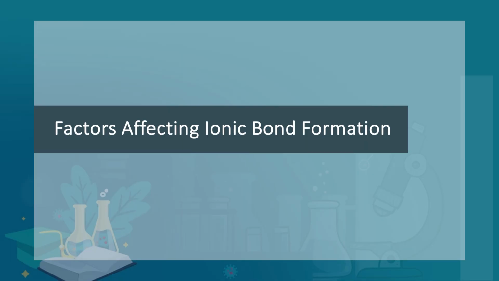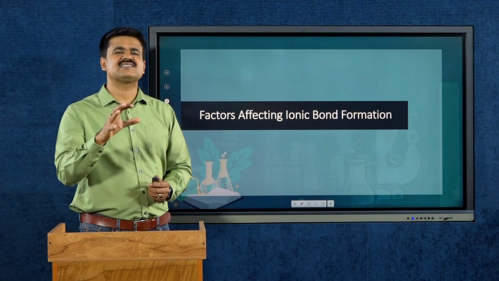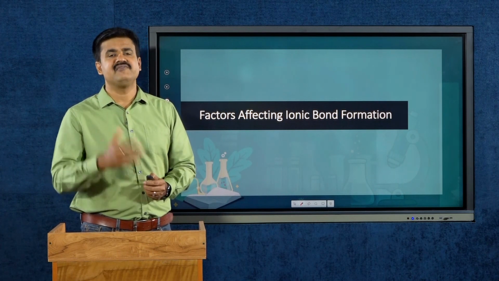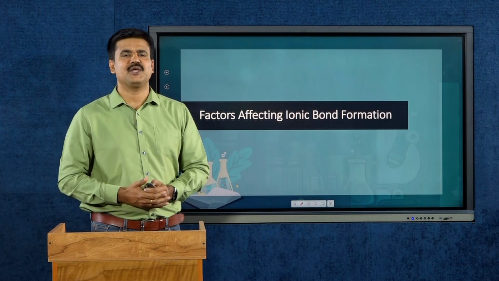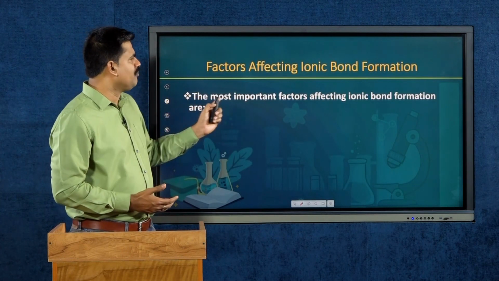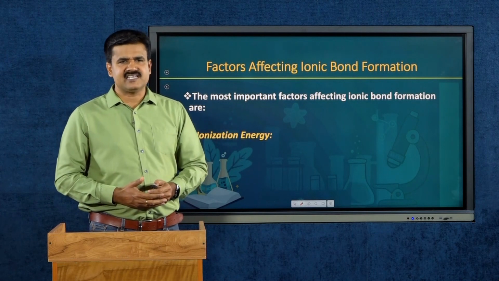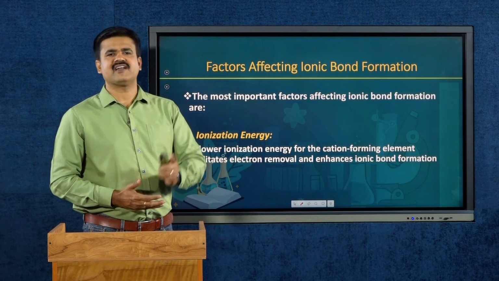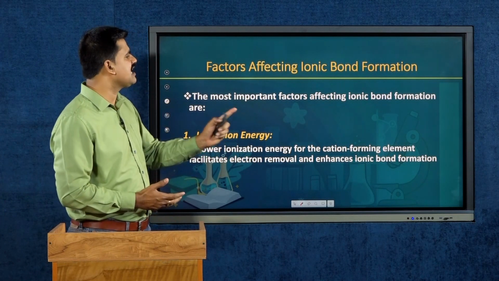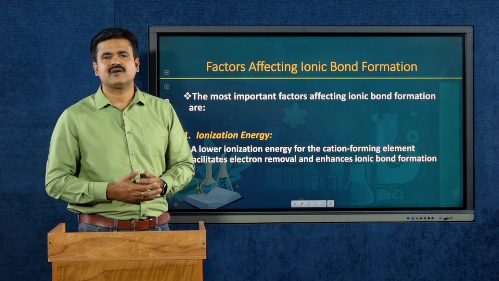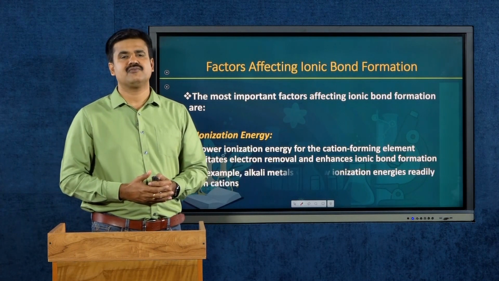Now, factors affecting ionic bond formation. We are now exclusively discussing ionic bonds and focusing on the various factors that affect ionic bond formation. The most important factors are discussed here. Ionization energy: a lower ionization energy of the cation forming element facilitates removal of an electron and enhances ionic bond formation.